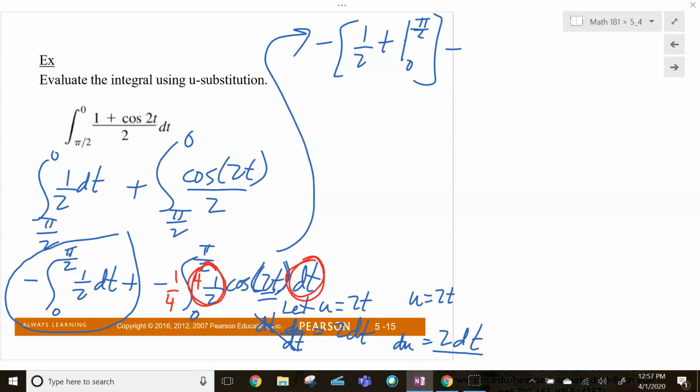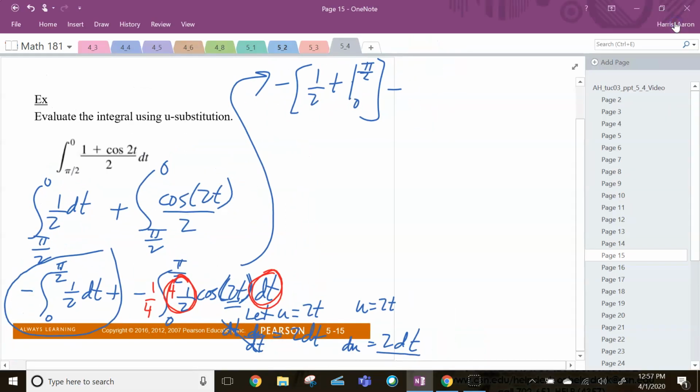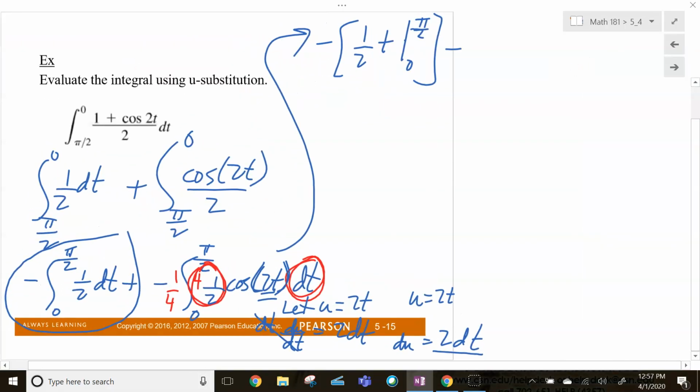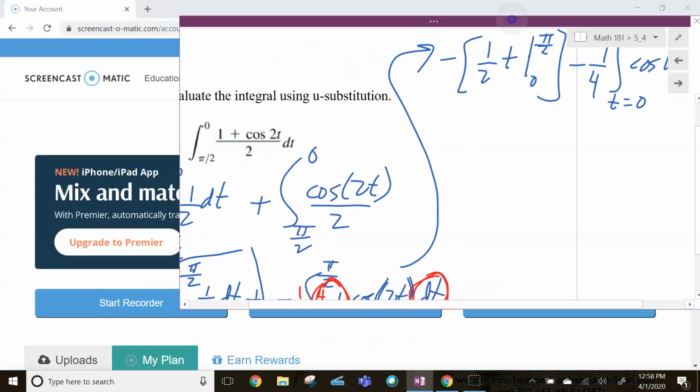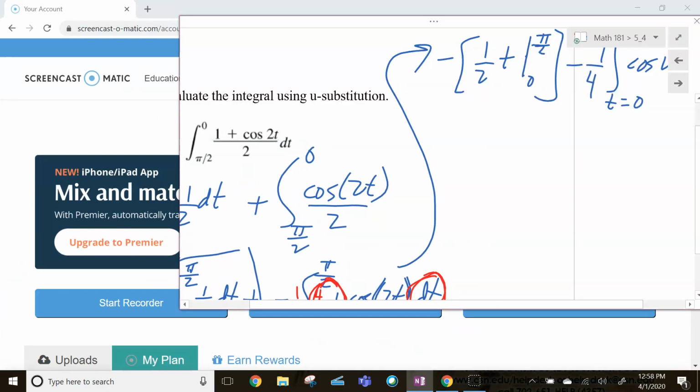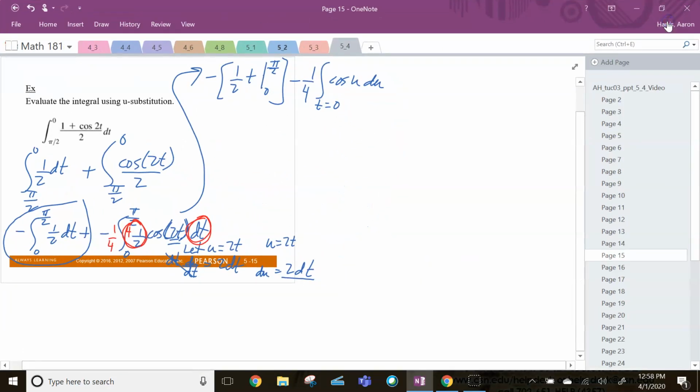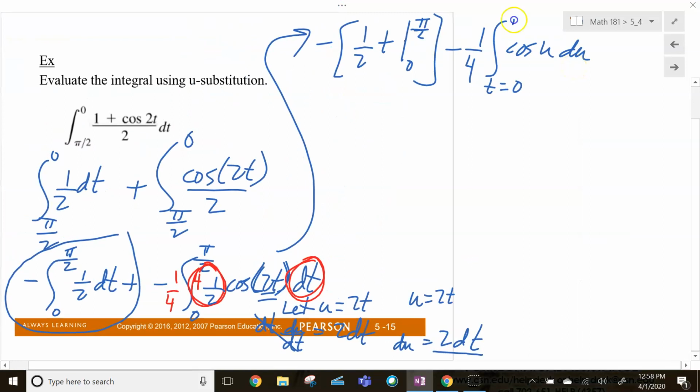That's the 2 dt right there. So this becomes minus a 4th integral of cosine u du from t being 0 to t being pi halves.